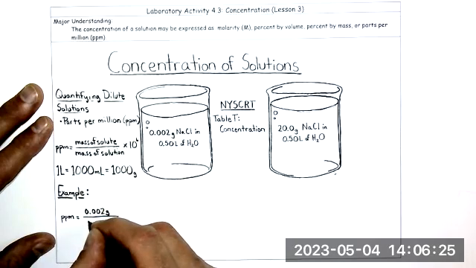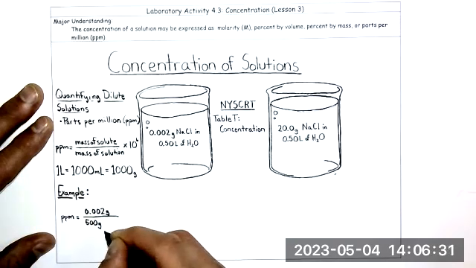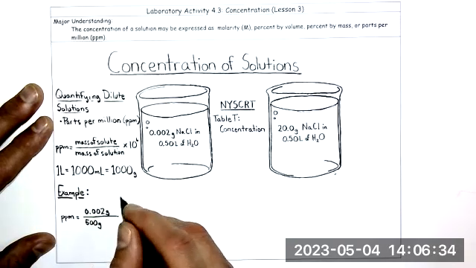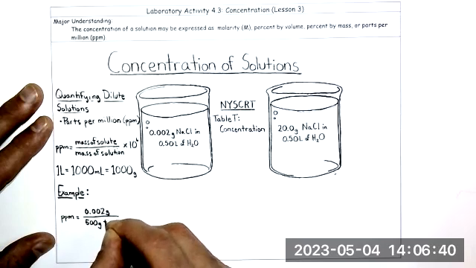So the mass of our solution would basically be our 500 grams of water plus the 0.002 grams of salt, but that's so small we can kind of ignore it and leave it out. But if we want, we can add it here.